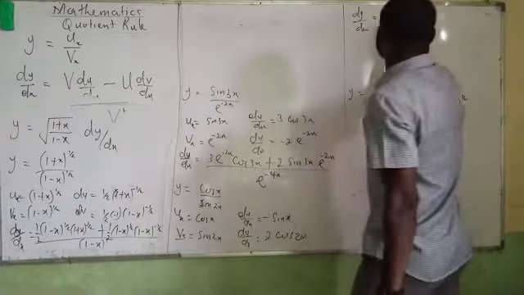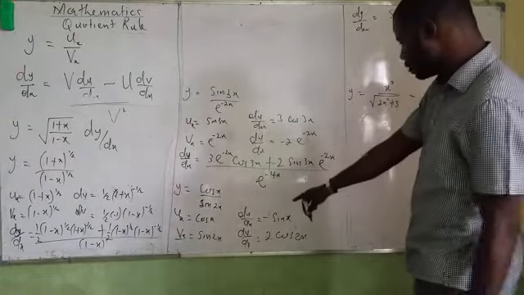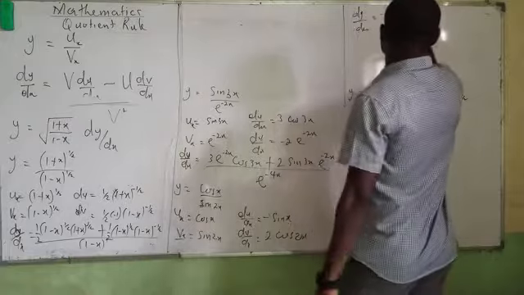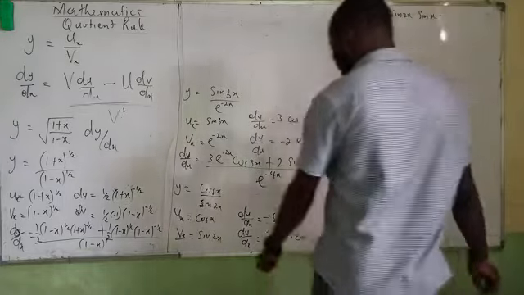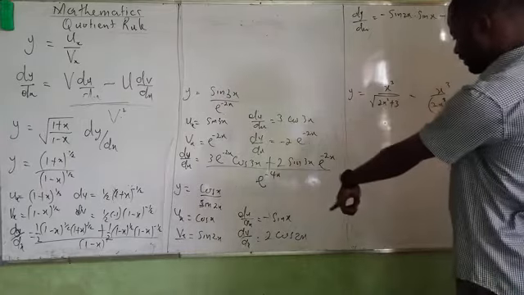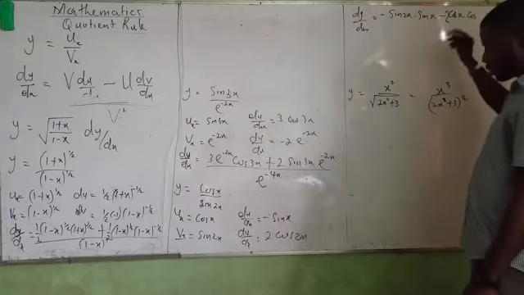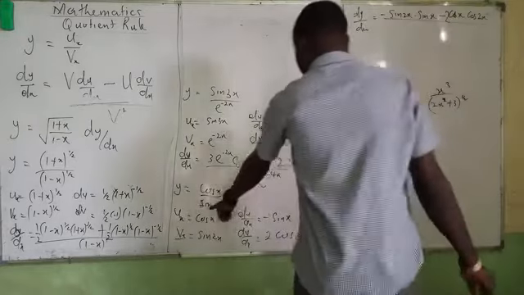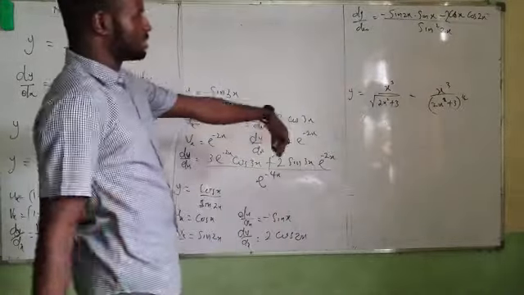My v is sine 2x, times du, which is minus sine x, and minus, what is my u? I have cos x, and the dv, I'll be having 2 here, and cos 2x. By so doing that, divided by v squared, which is sine squared 2x. That is all. The same thing here, this also is a very simple one.